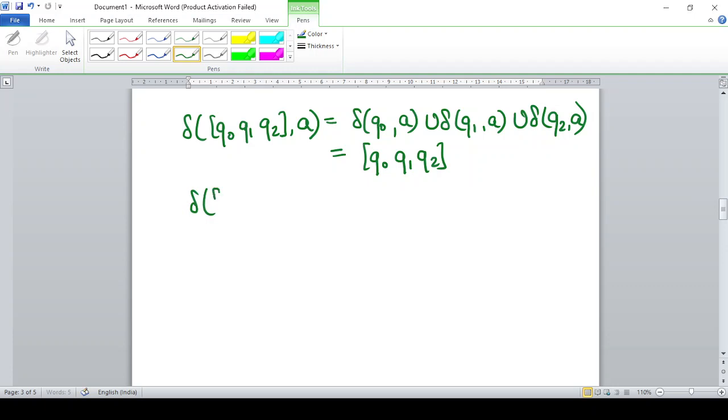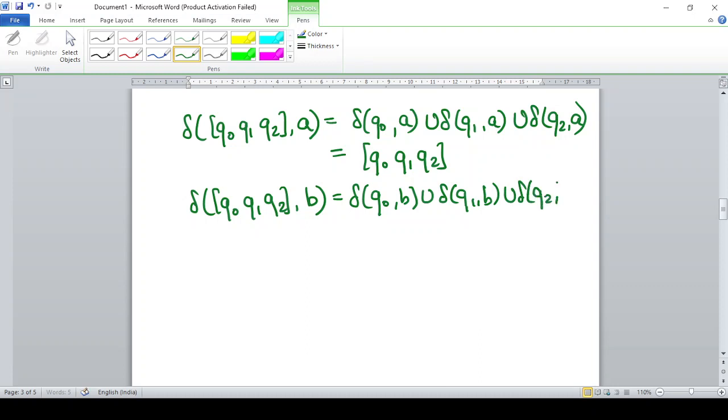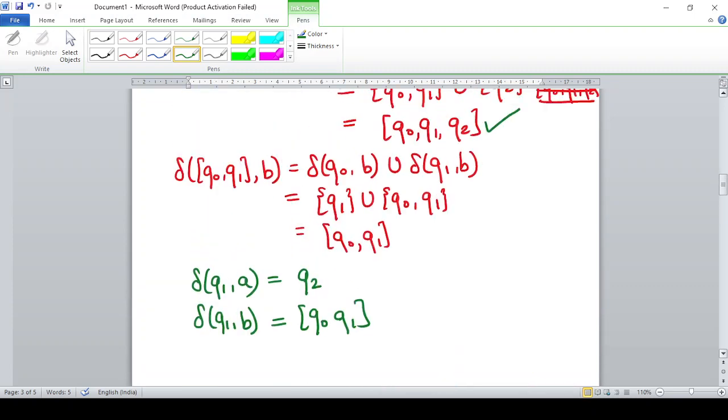Then we give input B. q0 q1 q2 with input B is again equal to delta of q0 B union delta of q1 B union delta of q2 B. This process will continue till you have no more states on the right hand side left to be defined.